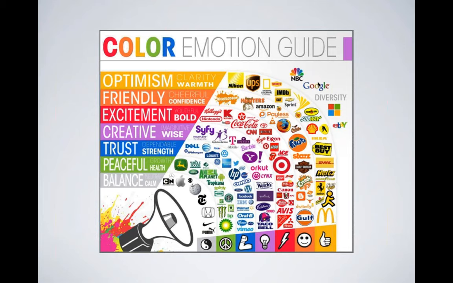But I really don't like this kind of prescribed meaning because it's not necessarily correct. Red isn't always youthful and bold. Red can also be very serious. It can be a warning sign, and so forth. It really depends on the context, and context is always key.